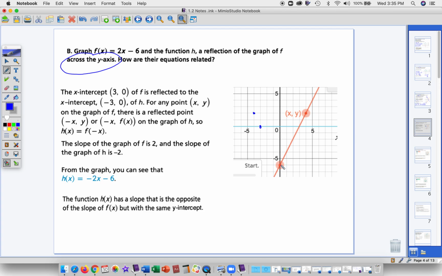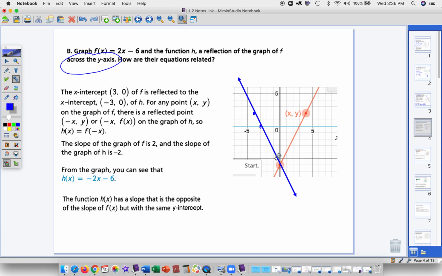The y-intercept isn't going to move. It's on our line of reflection, so it stays there. So I actually didn't need a second point because I already had that one. So there's my line. Hopefully again you can see that symmetry over the y-axis of the two lines. The slope of f again is 2 over 1.